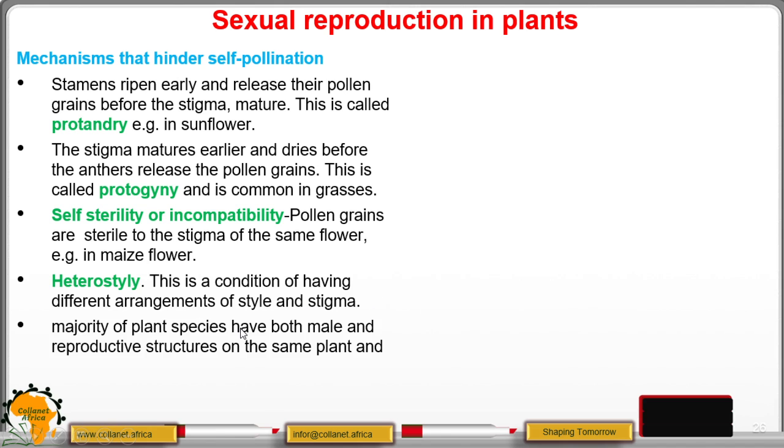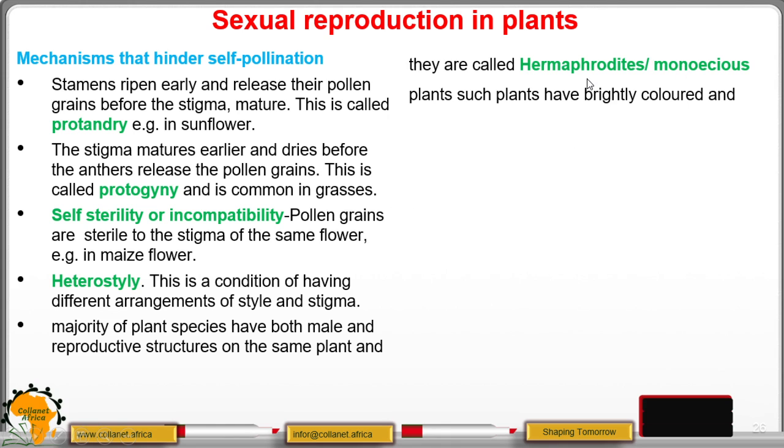The majority of plant species have both male and female reproductive structures on the same plant, and they are called hermaphrodites or monoecious plants, and they have brightly colored and scented flowers which have nectaries that attract insects. So in this case, we have both male and female structures on the same plant, so they are called mono.